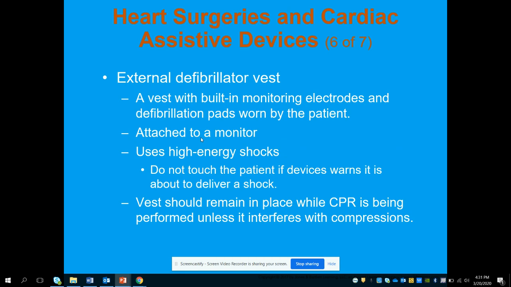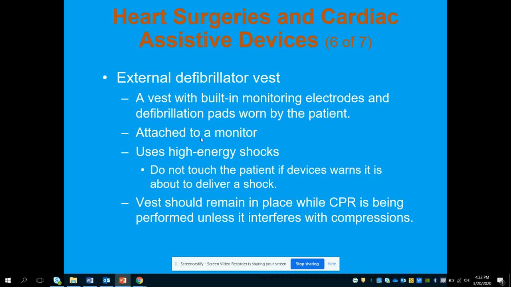Looking at an external defibrillator vest, this is a vest that has a built-in monitoring system with electrodes and defibrillation pads worn by the patient that's attached to a monitor. Now, this does use high energy shock, so this could be a danger to you, but it does usually give a warning that it's about to deliver a shock, just like an AED would.